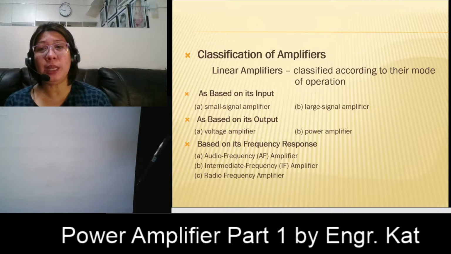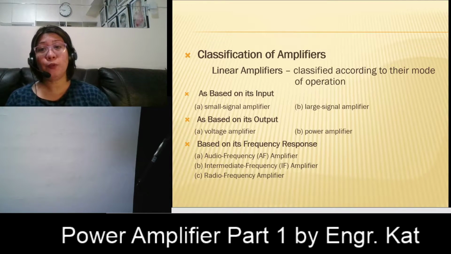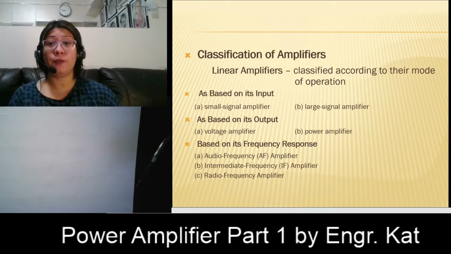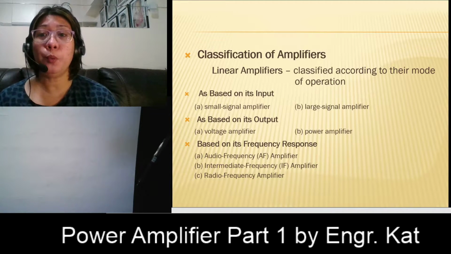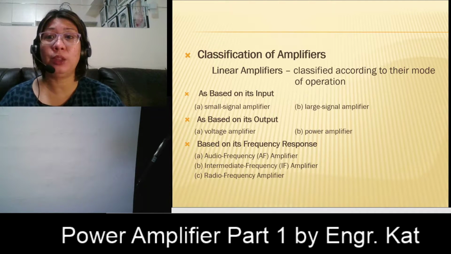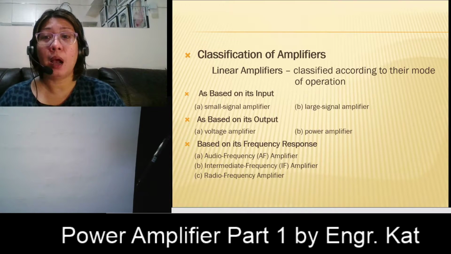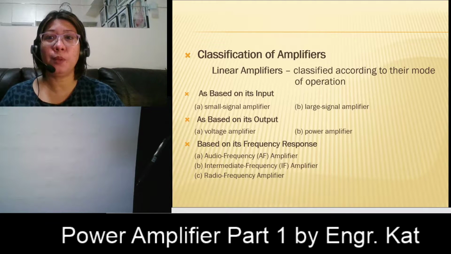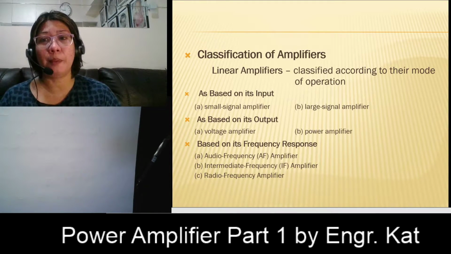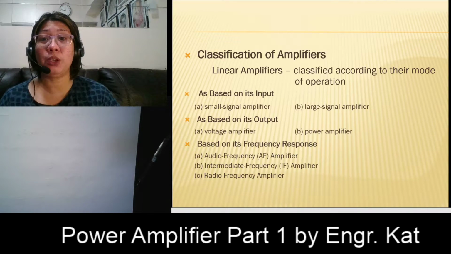Usually we use this in frequency translation so that we will not abruptly change your frequency from a very high value to a very low value. Sometimes we will have a middle frequency, and that middle frequency is what we call intermediate frequency. We will be dealing with this in our communication subject. Each communications application like AM, FM, and TV broadcasting has its own intermediate frequencies.